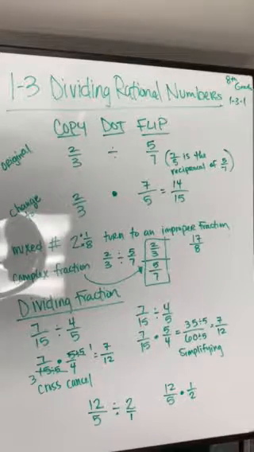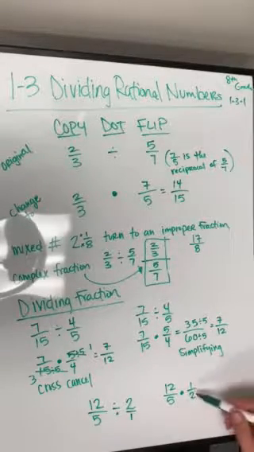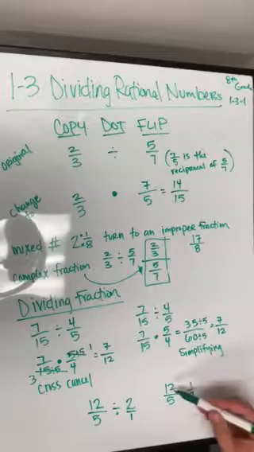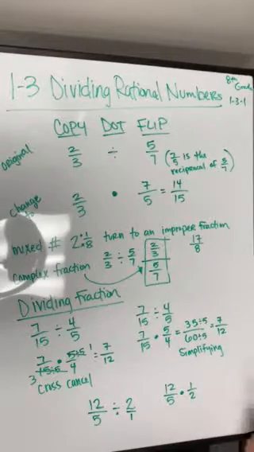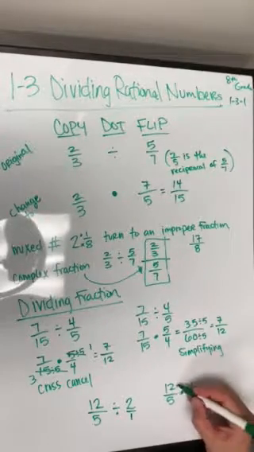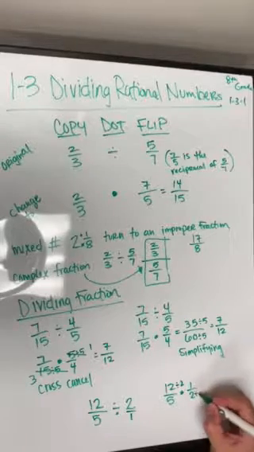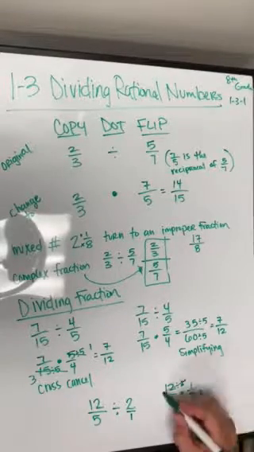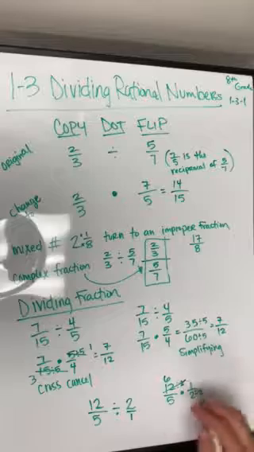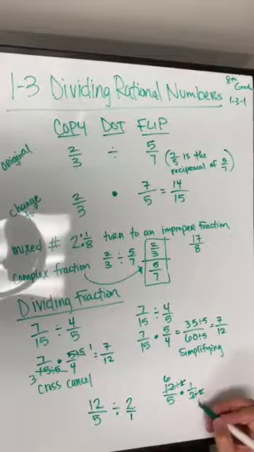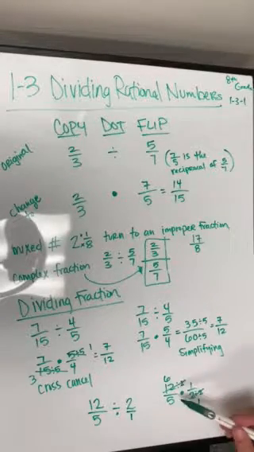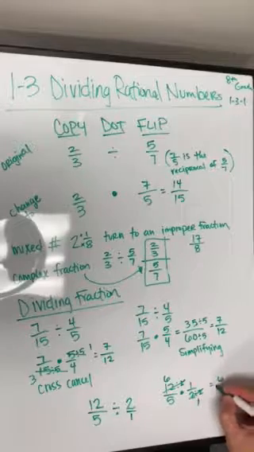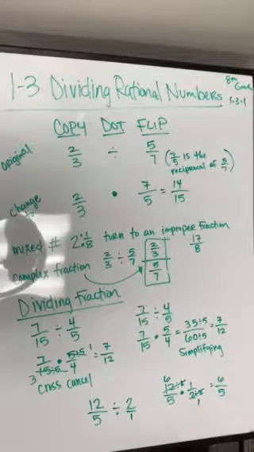So now I'm timesing it by a half. You'll see that I have 12 and 1 on top, I have 5 and 2 on bottom. 12 and 2 share a common factor. So I reduce that by dividing it by 2, and I reduce this by dividing it by 2. And now I have 6 times 1 is 6 over 5.